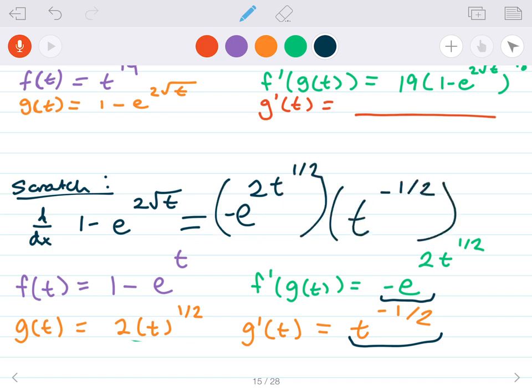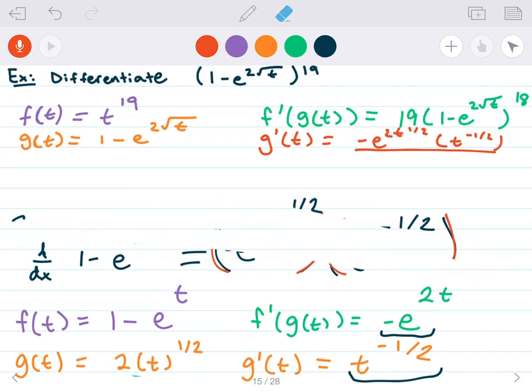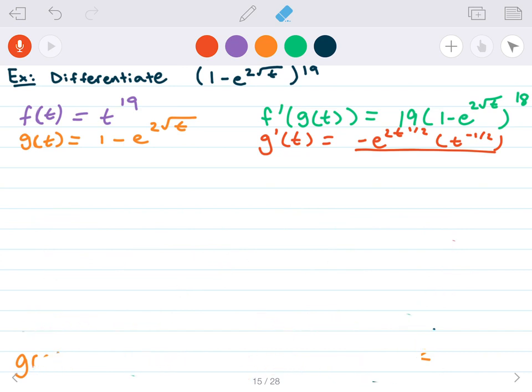So this is g prime of t. So I'm going to just carry it up here. This is g prime of t. So negative e to 2t to the 1/2 times t to the negative 1/2. All right. Now I have everything we need. And I'm going to go ahead and get rid of some of this. And go ahead and get the chain going.